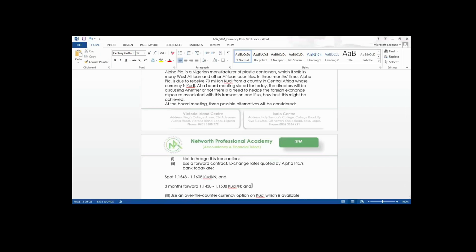Kudi per 1 naira. What type of quotation are we given, please, in this question? Is it a direct quote or indirect quote? The examiner says kudi per naira, that is per naira. Quantity of foreign currency per 1 domestic currency. What type of quote is this?